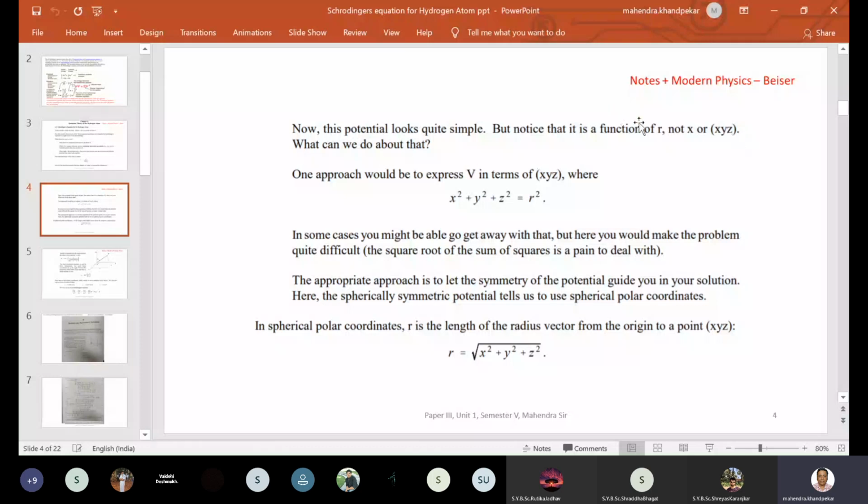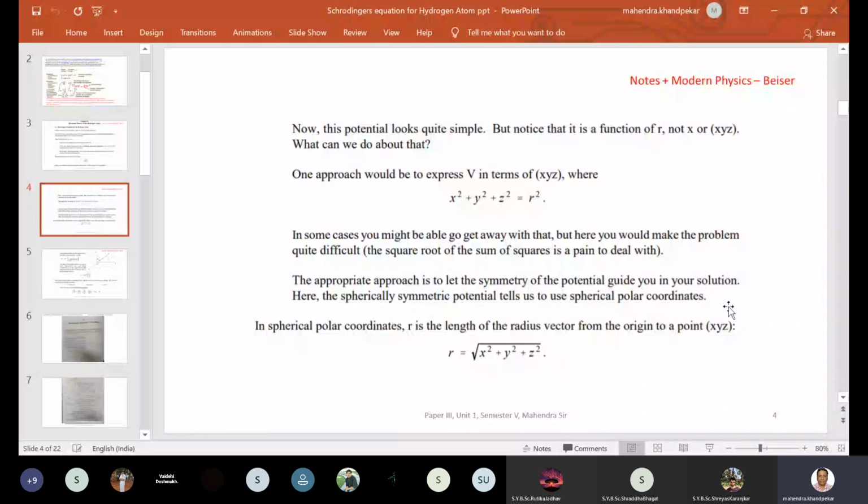If we want to write r in terms of x, y and z, then it can be written as x square plus y square plus z square is r square. So r is equal to under root of x square plus y square plus z square. But when we use this approach, you will find that it takes a lot of time and energy to solve these square roots and come to some conclusion.